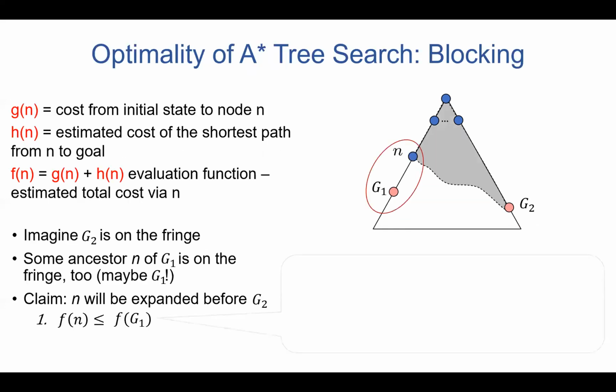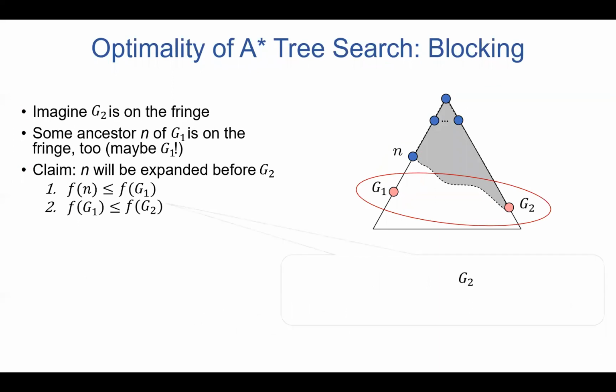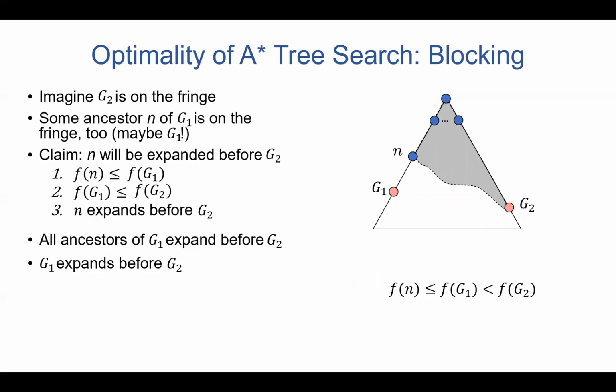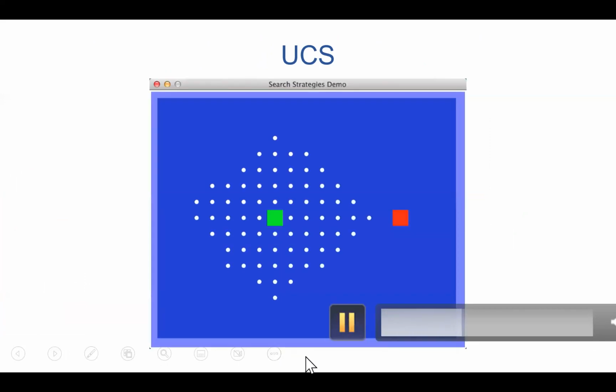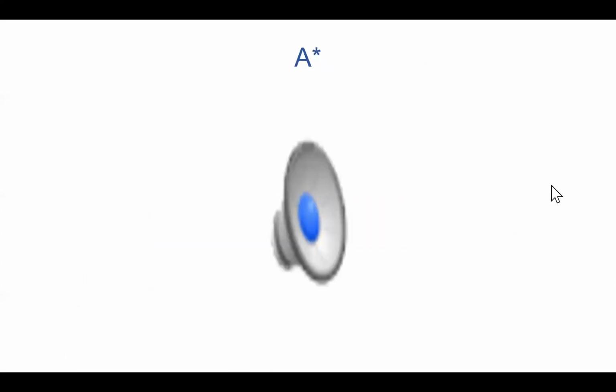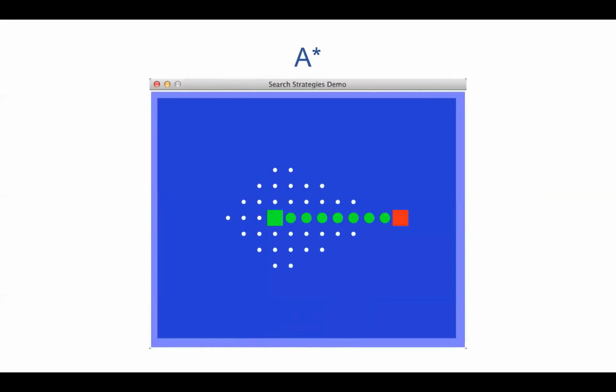Optimality. This is just a proof of how we make sure that the A-star search algorithm is optimal. Let's play a few algorithms just for us to remember. Look at A-star. A-star did much better.